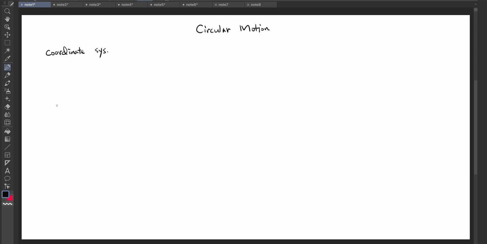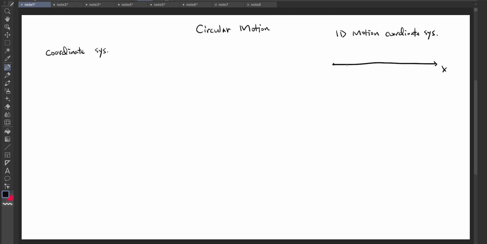So we know in a 1D motion, we can build an x-axis, and then the object's motion will be confined in that direction or in that straight line. So that's the 1D motion. Coordinate system.